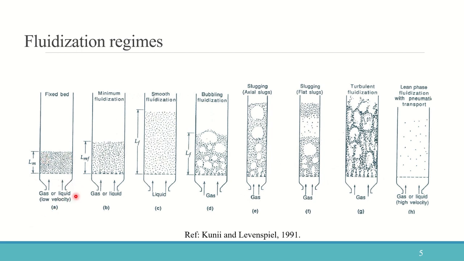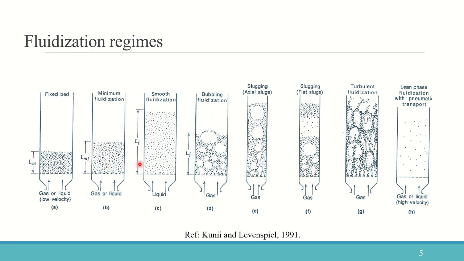However much we increase the fluid velocity, that is gas or liquid, at low velocity the bed remains a packed bed or fixed bed. After that, as we increase the velocity, the bed remains in the loosest possible packed state, and this is known as the minimum fluidization condition.